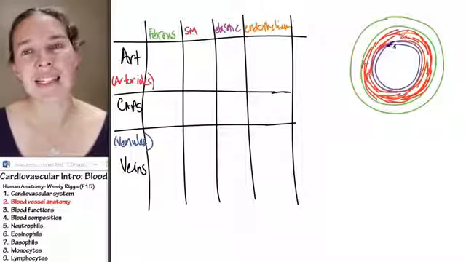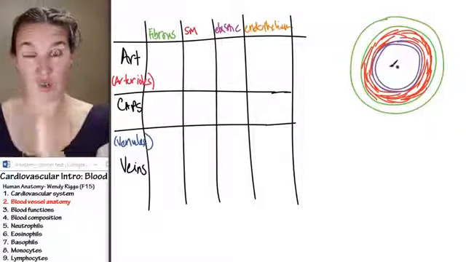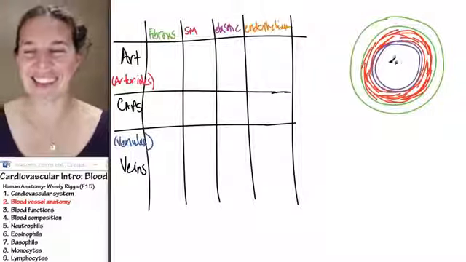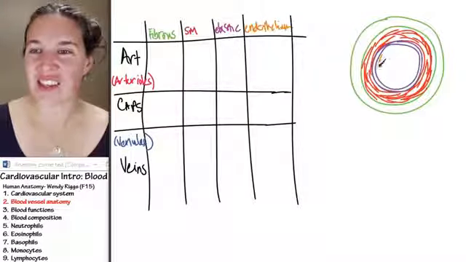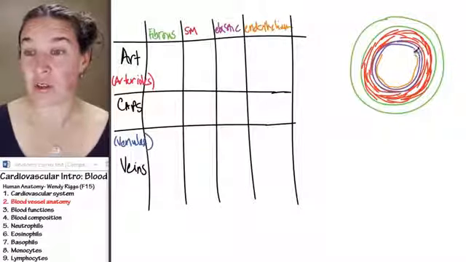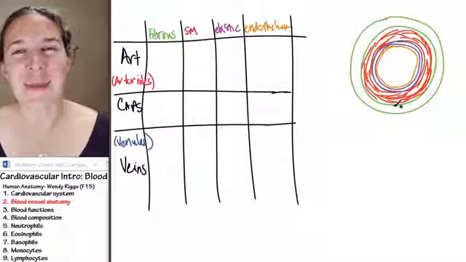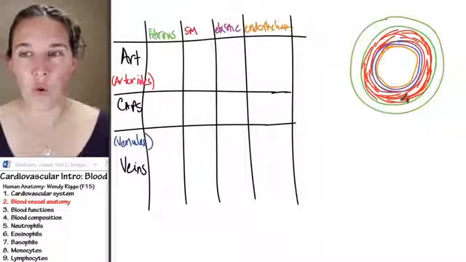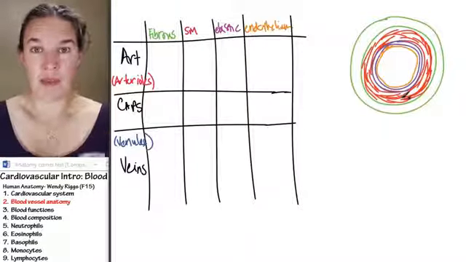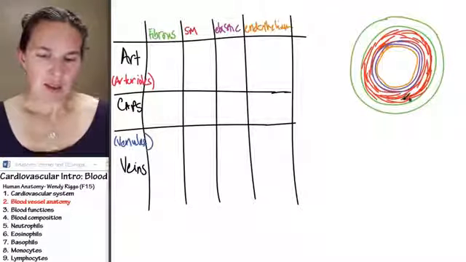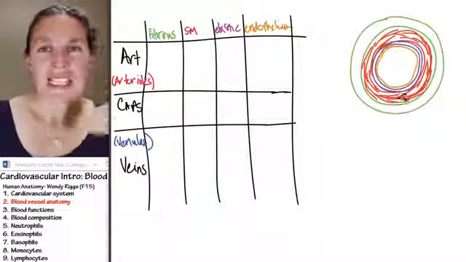And the last layer is the most internal, the most luminal layer, and that is called the endothelium. And I'm drawing my endothelium. Hopefully the word itself tells you what the endothelium is. The endothelium is a special name for epithelium that is found lining tubes that are inside your body.